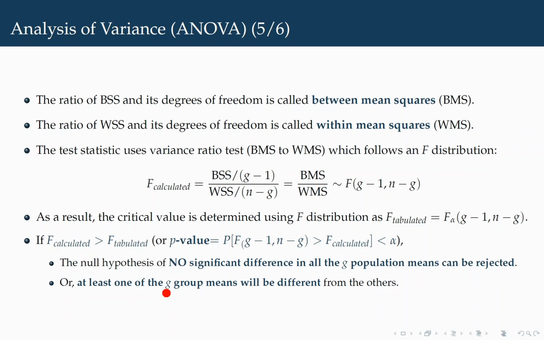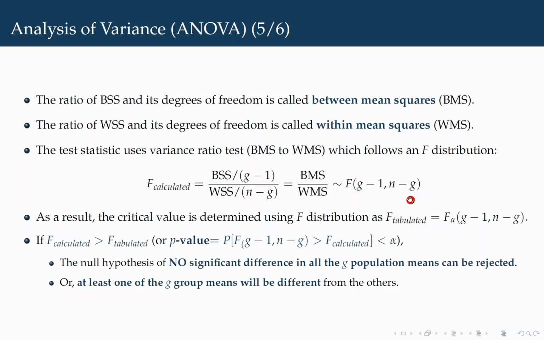And the other thing, in the case of inference for single population, paired samples, and in the comparison of two population means, we have one-sided and two-sided tests. But in this case, it is based on the variance ratio test, which is the ratio of the between mean square to the within mean square, which follows an F distribution.